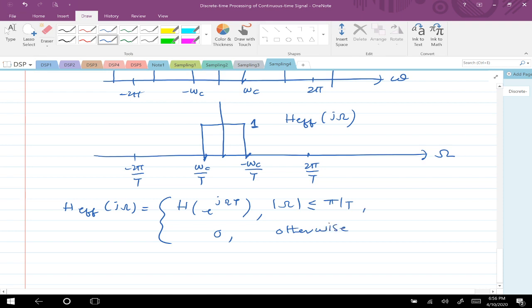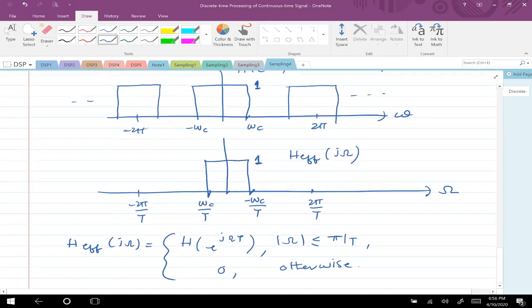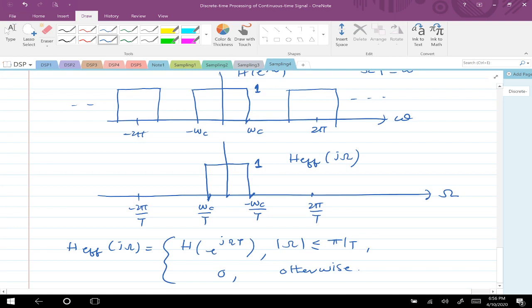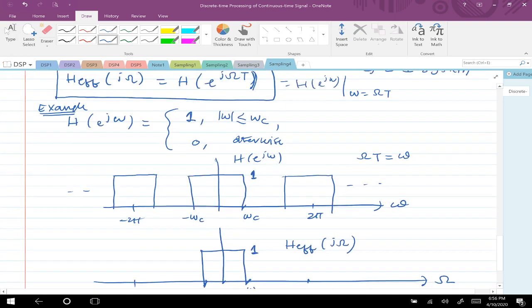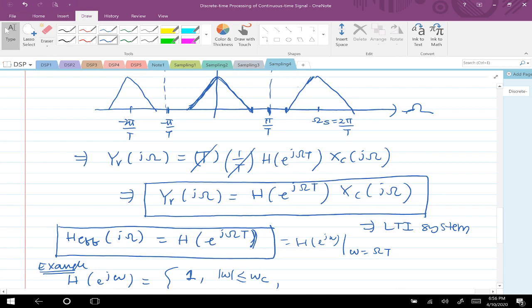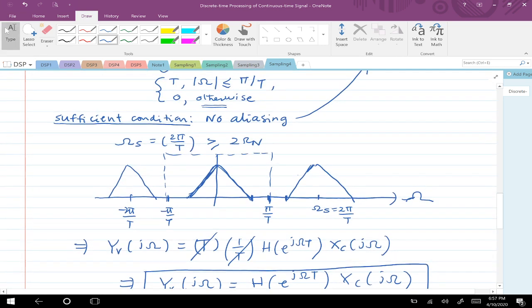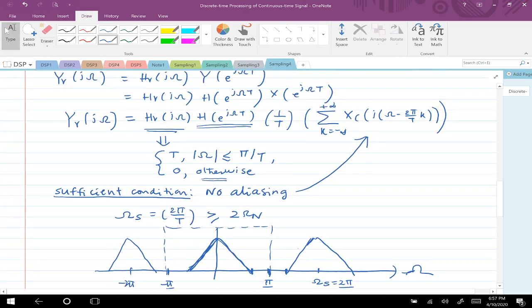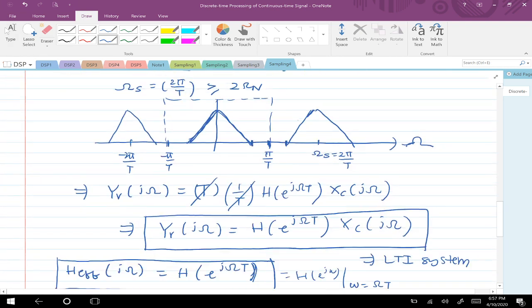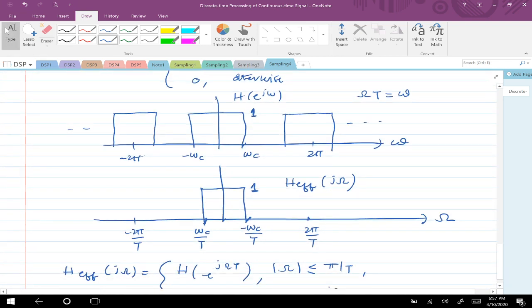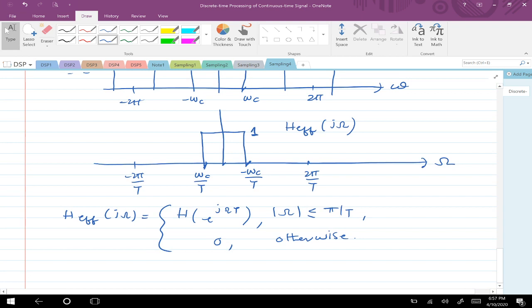Again, this is a convention, not necessarily required, because even if it is not imposed strictly, later H r of j omega will take care of it, but this is the convention, so let's follow that. I'm not drawing the other copies, I'm making them 0, but it's up to you.